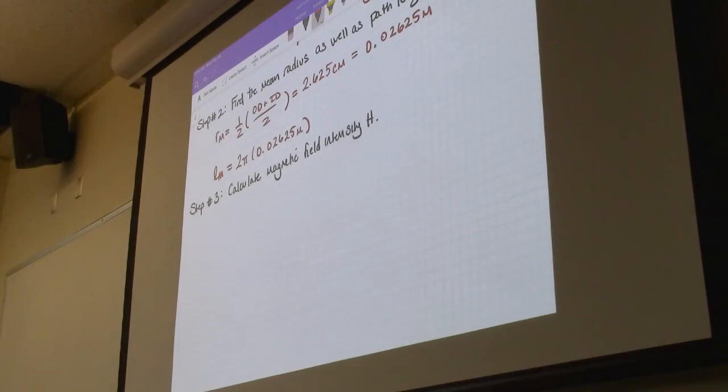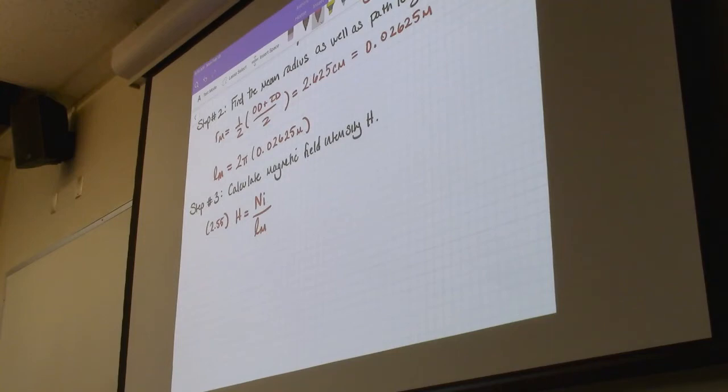I apologize, I didn't write down exactly what the equation number is in the book, but actually I have it here. It's equation 255. It's the number of turns times the magnitude of the current divided by the mean path length.